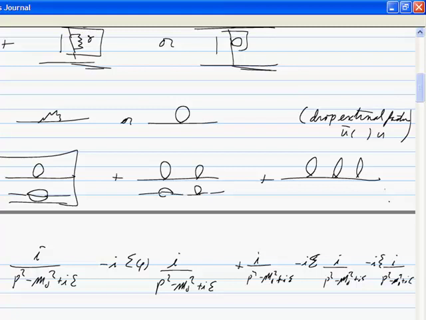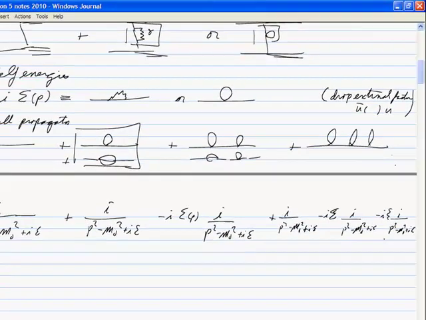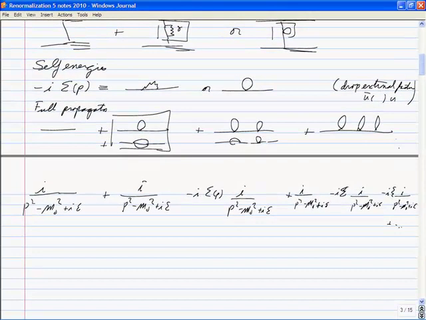Okay, so clearly we keep going, dot dot dot. It's a geometric series. It sums to i over p squared minus m0 squared minus sigma of p plus i epsilon. Okay.